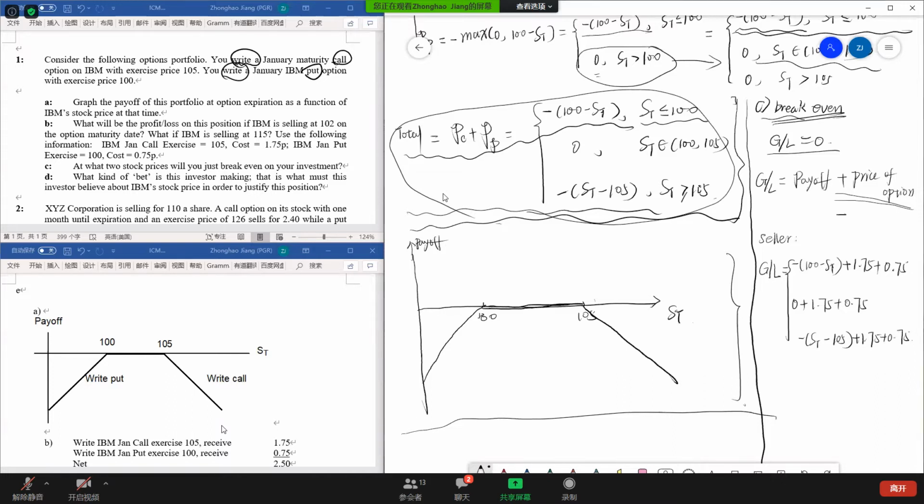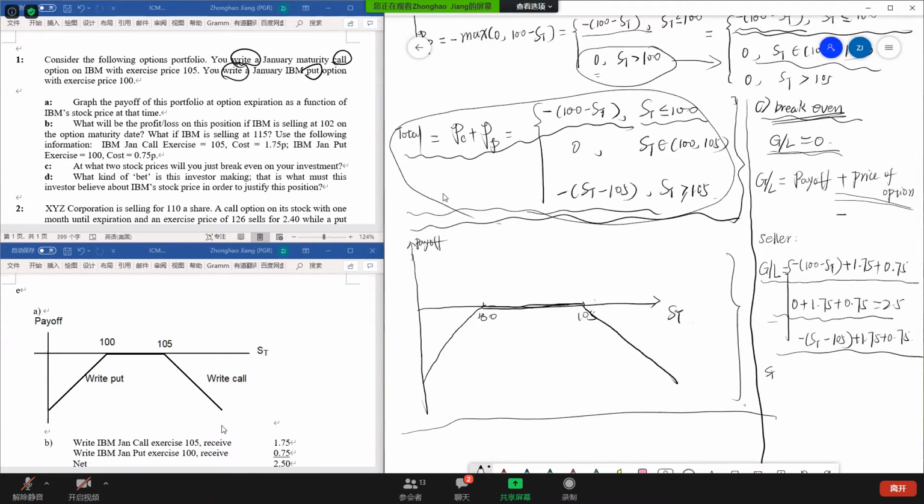The break-even point means the gain or loss equals 0. Obviously, when the stock price is between 100 and 105, the gain is 2.5 forever, so we can't realize the break-even point there. So we can only realize the break-even point when the stock price is smaller than 100 or larger than 105. Then we can solve for the stock price.